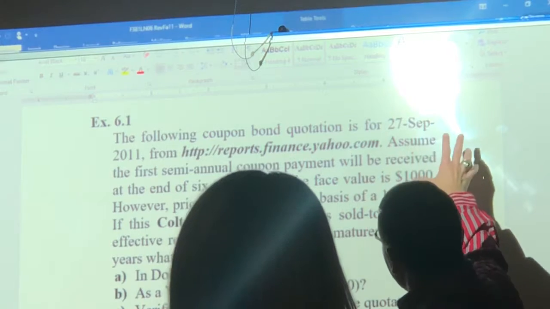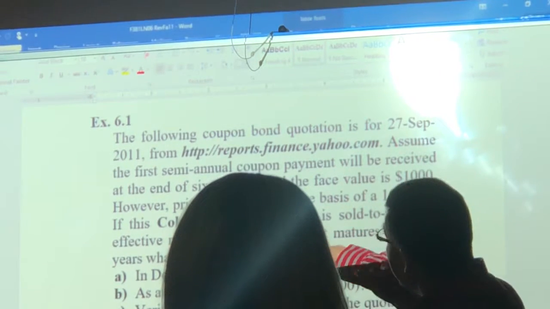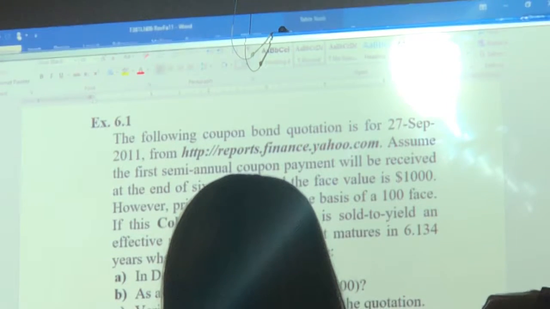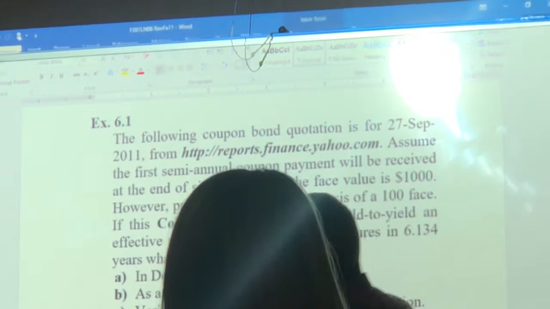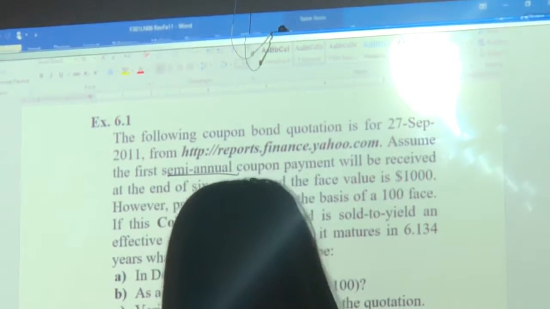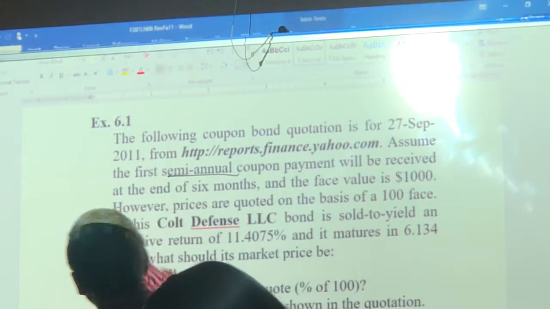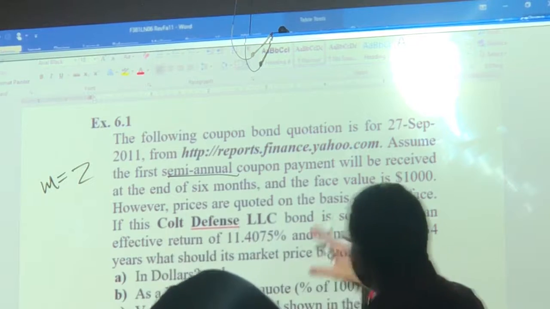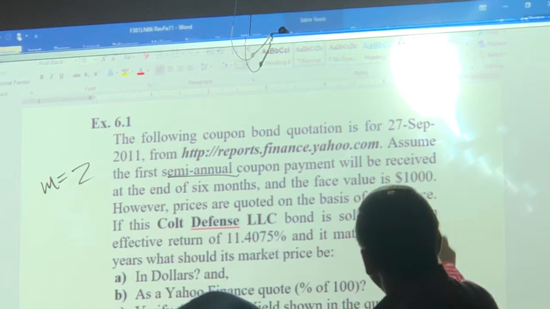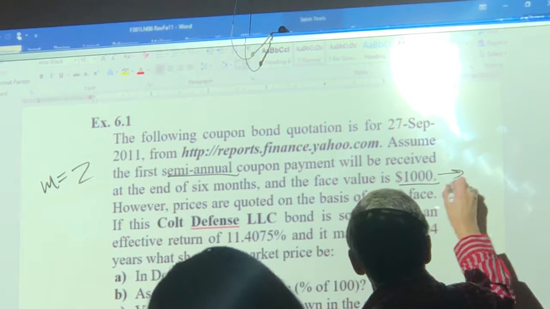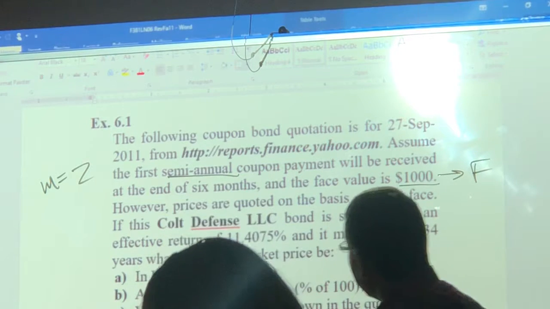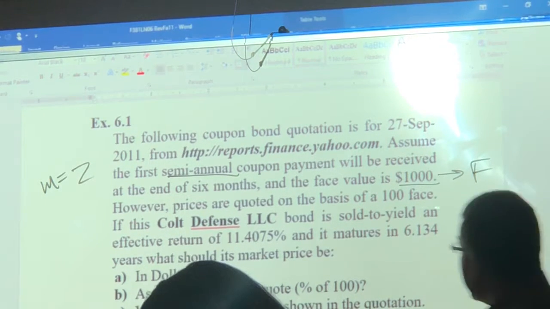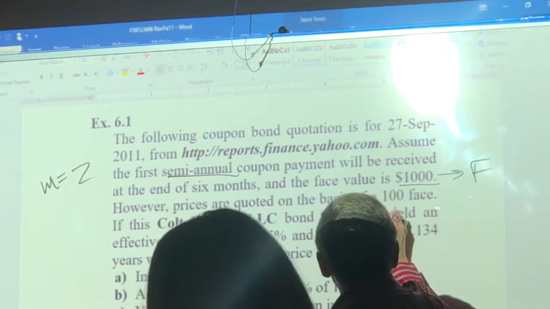The following coupon bond quotations are for the 27th of September 2011. Assume the first semi-annual coupon payment will be received at the end of 6 months. Face value is $1,000, so that's going to be capital F. However, prices are quoted on the basis of a $100 face.